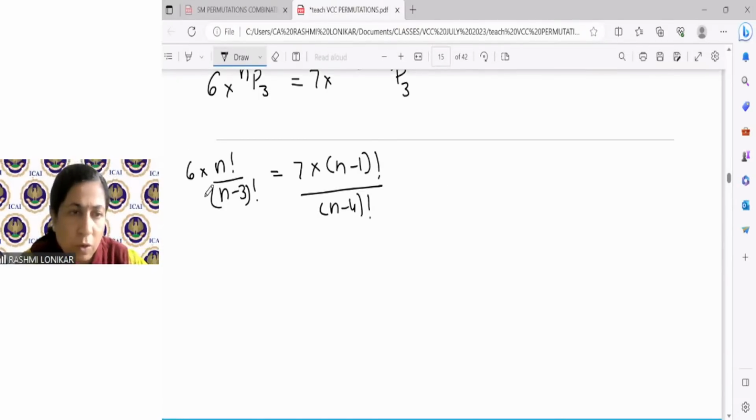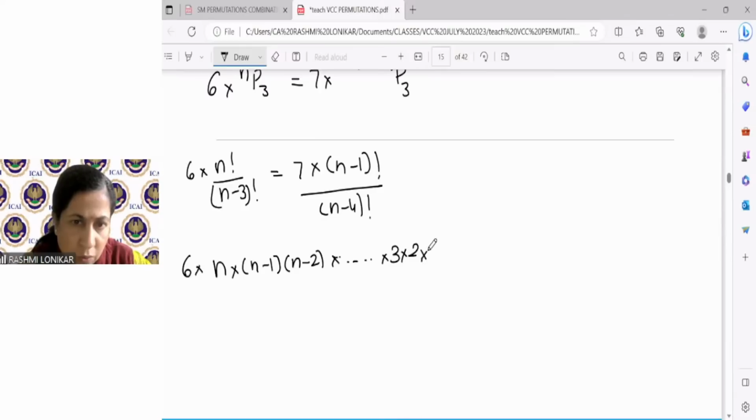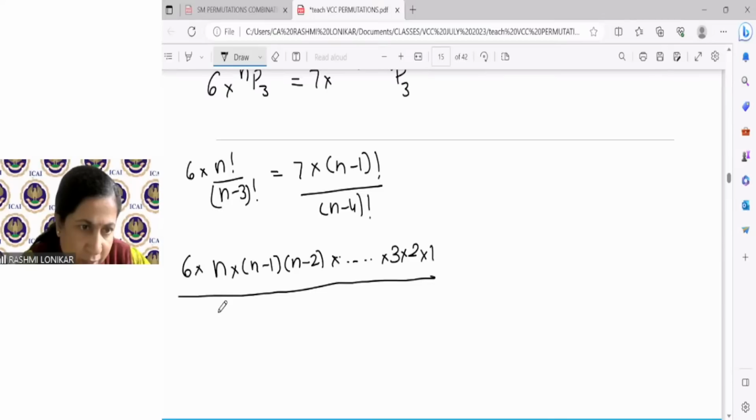So what do I do? I will write this as 6 into n factorial. I can write it as n into n minus 1 into n minus 2 into so on up to 3, 2, 1 upon n minus 3 factorial. I can write it as n minus 3 into n minus 4 into n minus 5 up to 3, 2, 1.